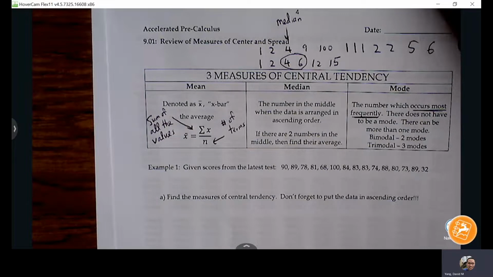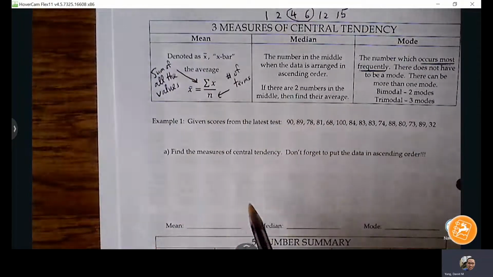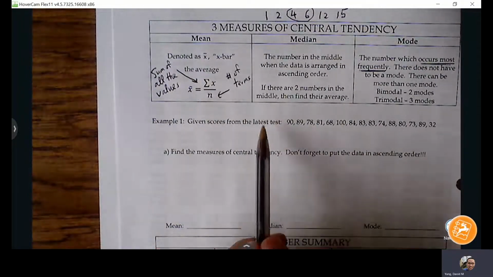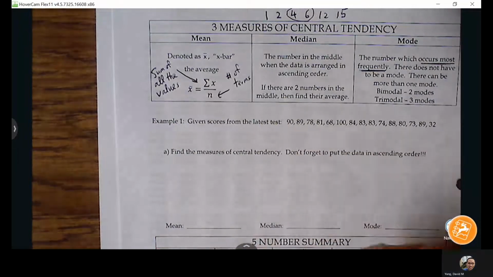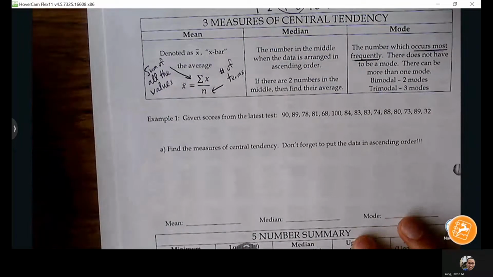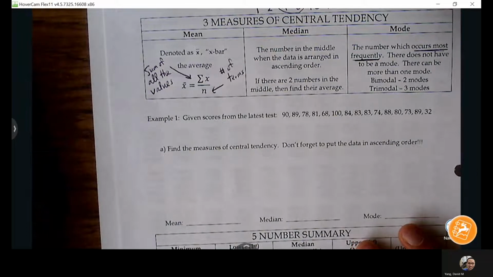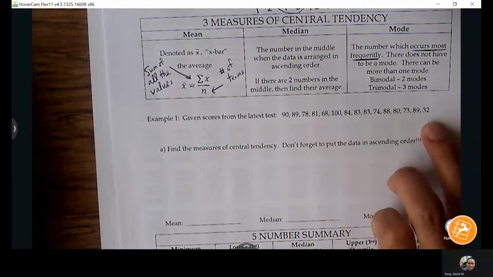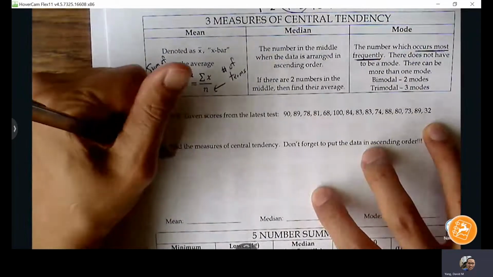Okay, so if you have your calculator, we're going to practice finding mean, median, mode for this set of numbers here. There are 15 scores, so n is 15.